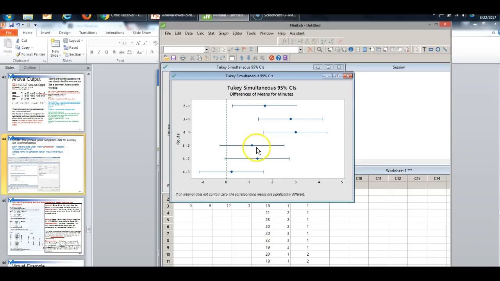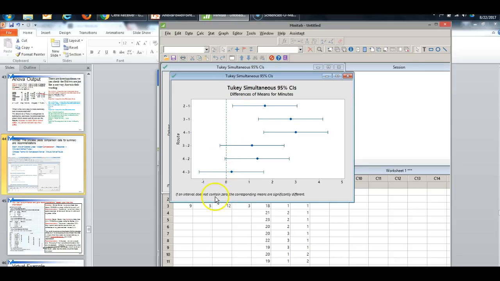We can interpret these confidence intervals. Basically, routes 2 versus 3, there's a 0 in it. So they're subtracting the confidence intervals for these routes. If there's a 0 in it, then the corresponding means are not significantly different.